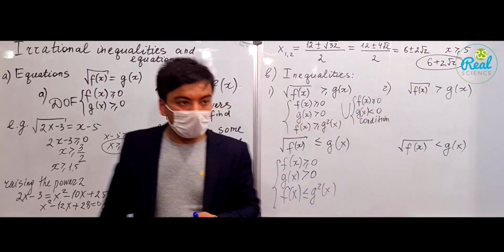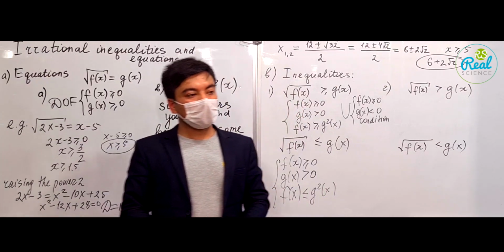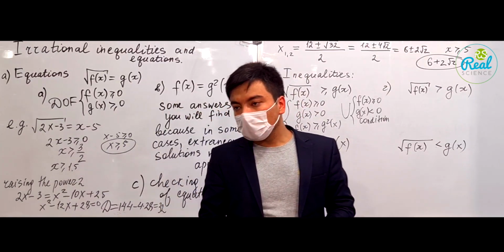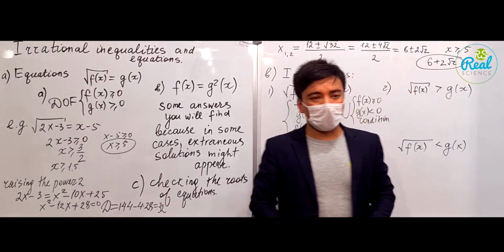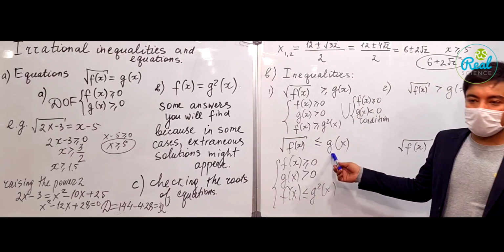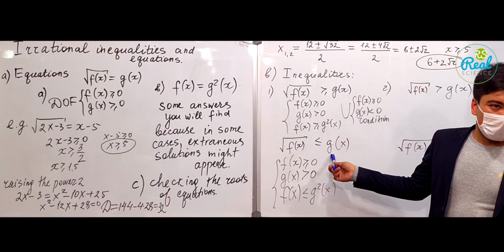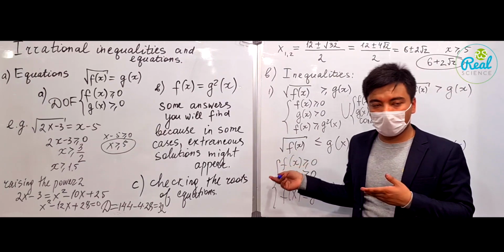Because when we raise to the second power, our answer always will be positive. The answer of a square root must be positive, and it cannot be negative. In this case, there is no logic. There is no point in solving this question.